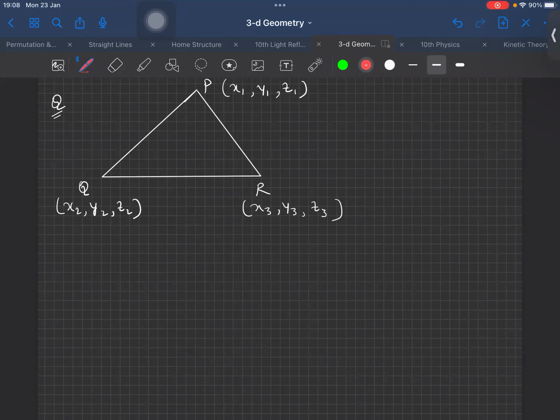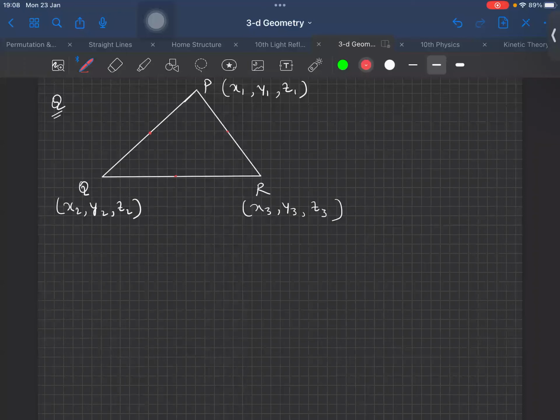Murli, tell me what you are saying. So where all the lines from the vertices intersect. See, it's not just any line. First you have to find the midpoint of all the edges PQ, QR and so on.